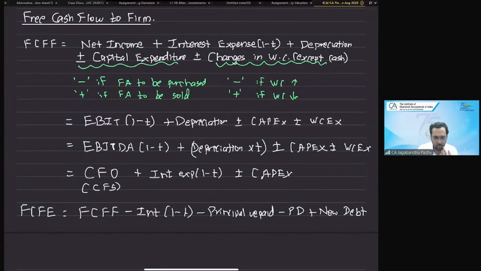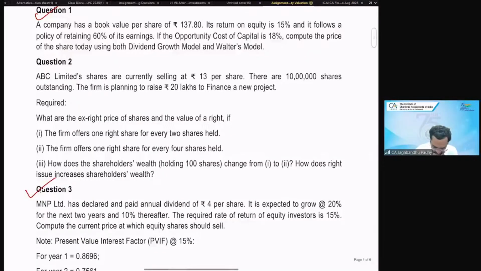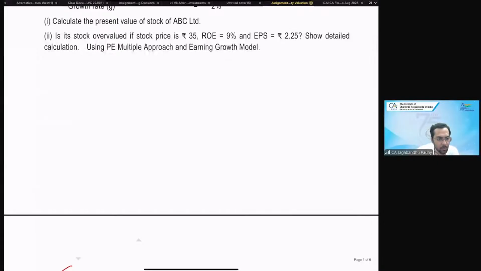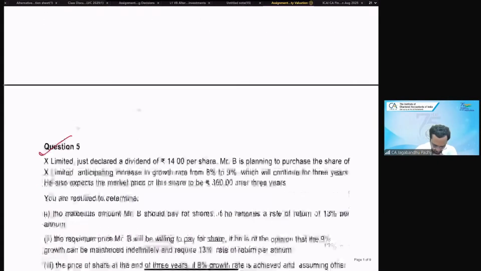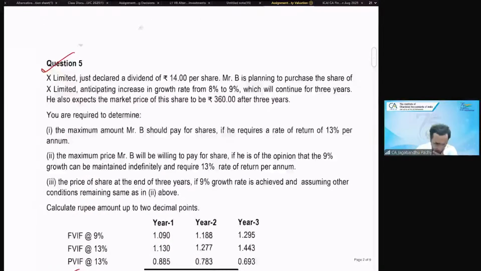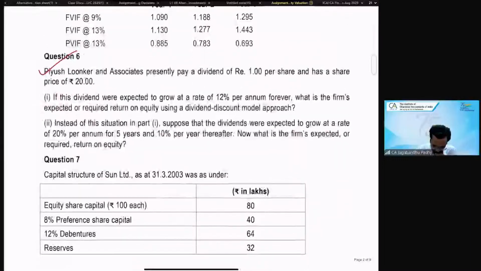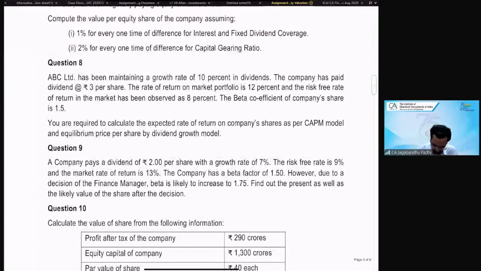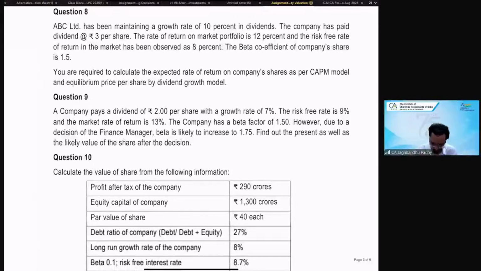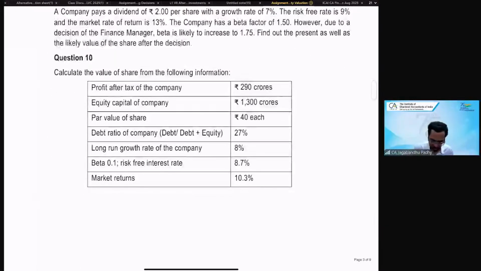And of course, the method remains the same, wherein we are supposed to take the present value of all the future cash flows. Okay, so let us understand this with the help of a question to get the value. Let's look at this question number 10.